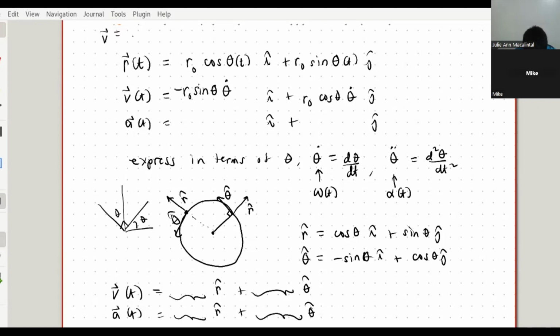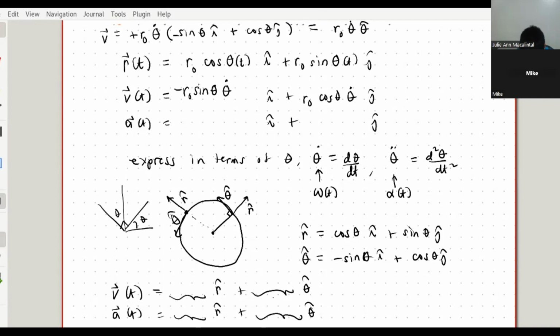So, it's going to be r sub 0 theta dot times negative sine theta, I hat, plus cosine theta, j hat. Or, if you look at the expressions here, that's actually r naught theta dot multiplied by theta hat. So velocity is tangent to the circle, which makes sense.